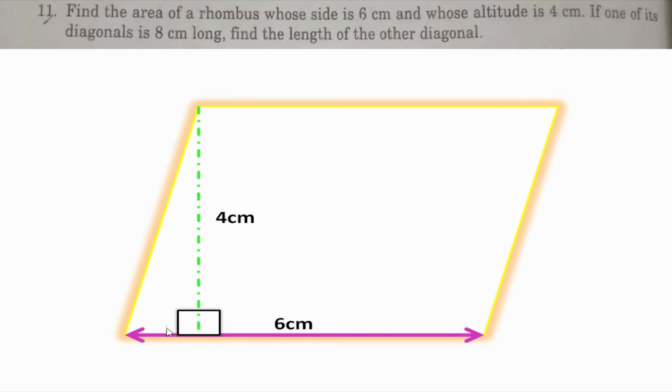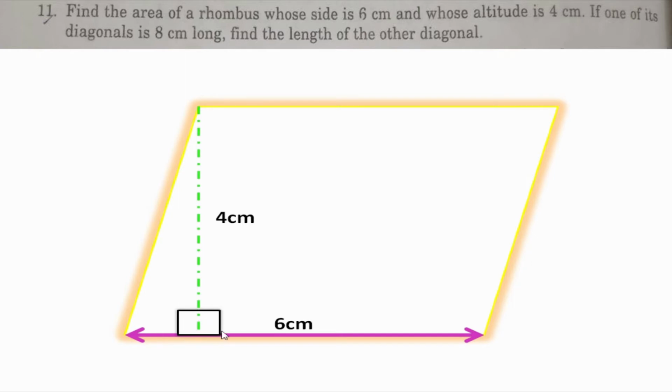Hence I can say that this line is the altitude, or height, of this rhombus. So we have a rhombus in which we know the length of any side and the altitude's length. That means this 6 centimeter is the base of this rhombus and this 4 centimeter is the height, since this is perpendicular.